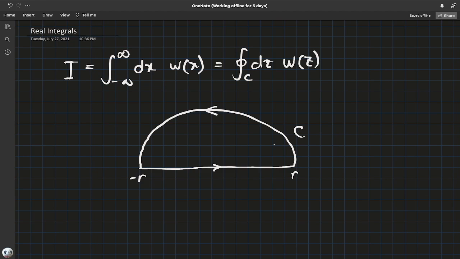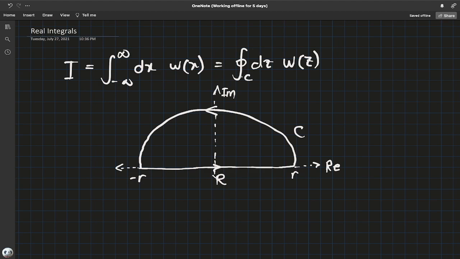Call this contour C. R is like the real integral part, the parts that are on the real axis. I'm just drawing the real axis here, and then the imaginary axis is like this.